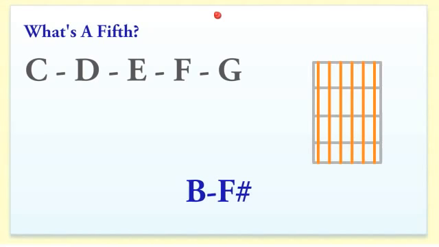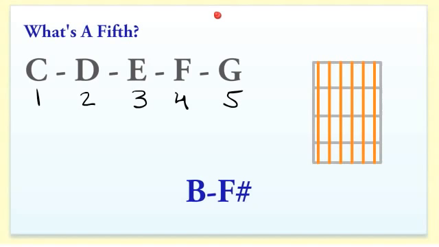Alright, now circle of fifths. First of all, I think everyone knows what a circle is, but you might not know what a fifth is, so let's talk about that. A fifth is an interval, and intervals in music work a little funny. This is how we count. First off, you might see C, D, E, F, G, and that's a fifth.